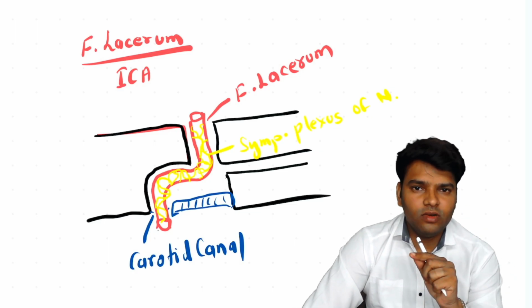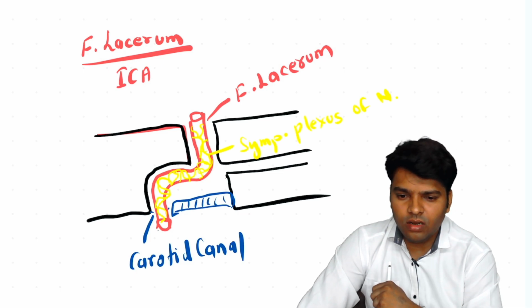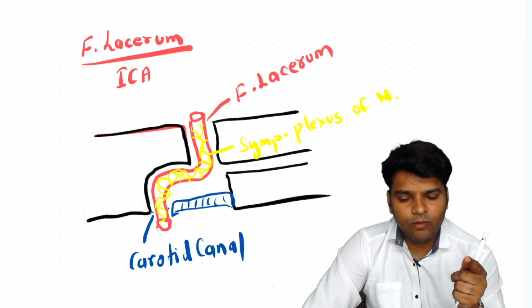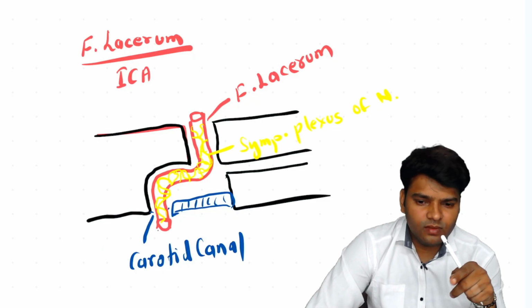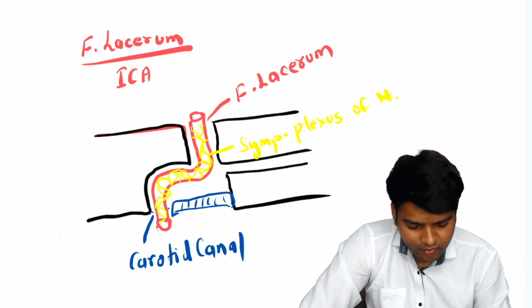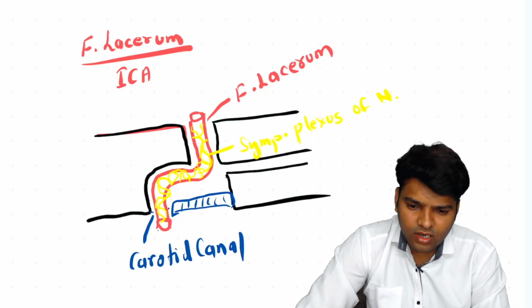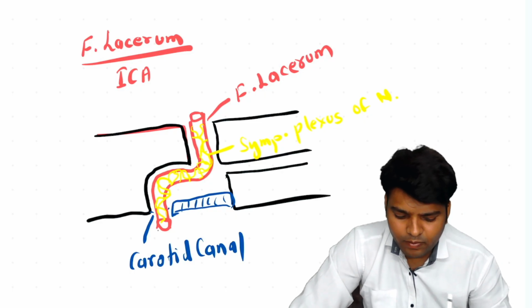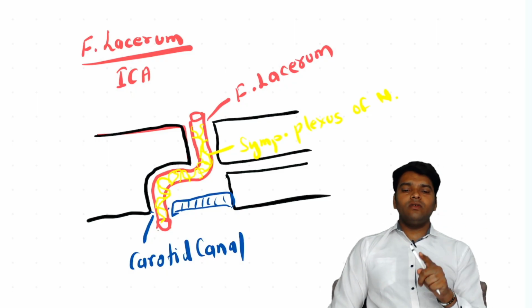Please don't forget about it. The deep petrosal nerve begins from the foramen lacerum or carotid canal area, from the sympathetic plexus of nerve. You should learn about it.